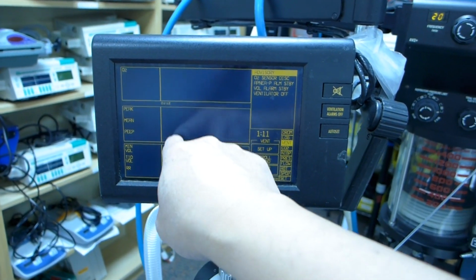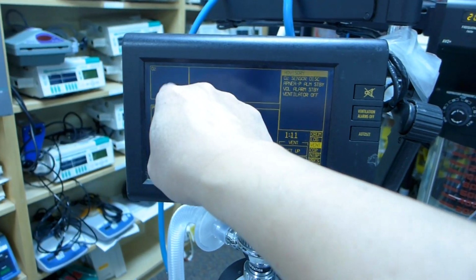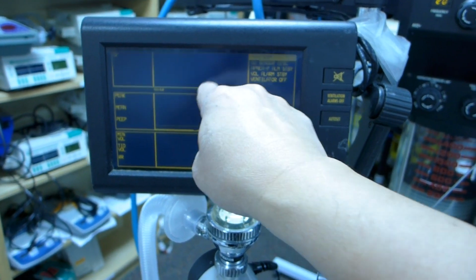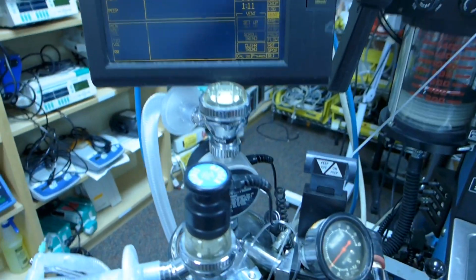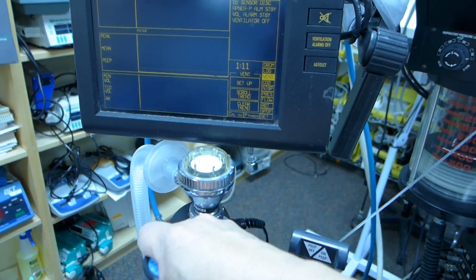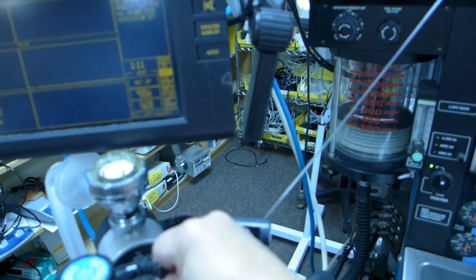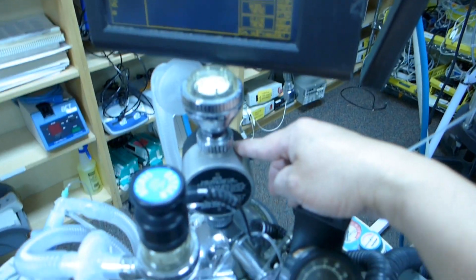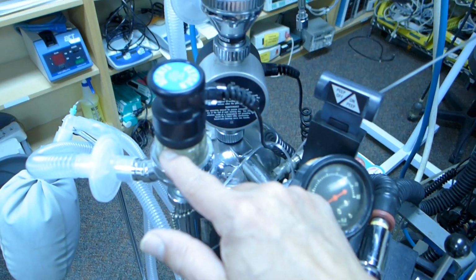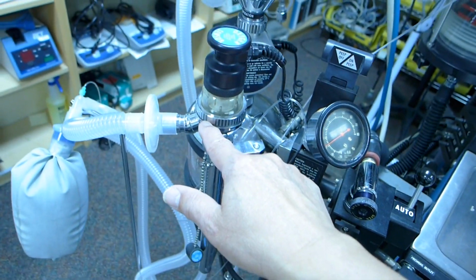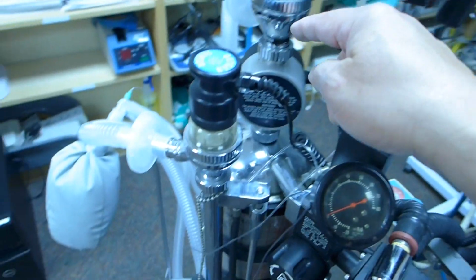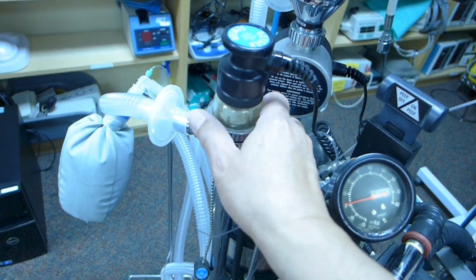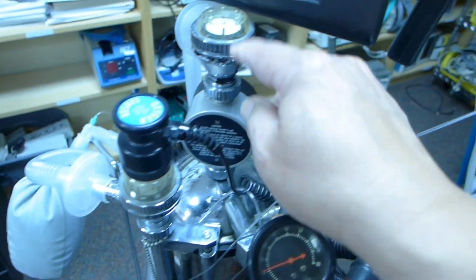and this is showing peak pressure, stuff like that. And this one shows the FiO2 for the oxygen. So we have the oxygen sensor over here. I'm not sure that the oxygen sensor still works though. And also we have electronic spirometers right here. The oxygen sensor actually sits on top of the inspiratory valve.